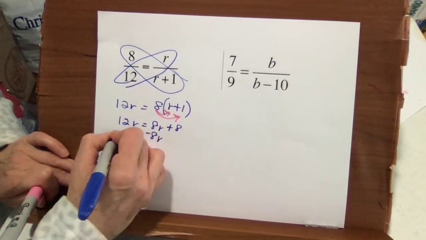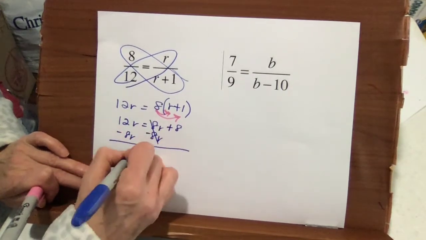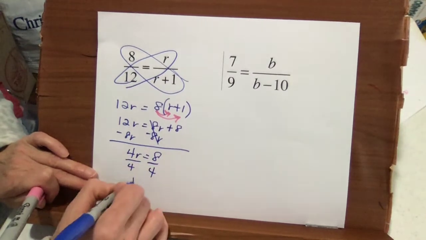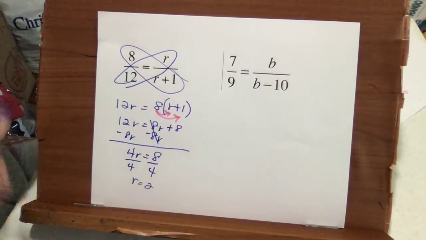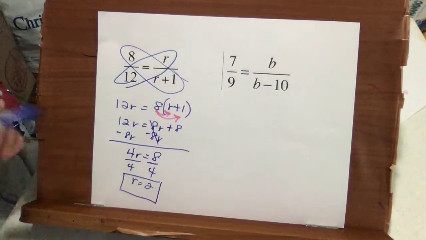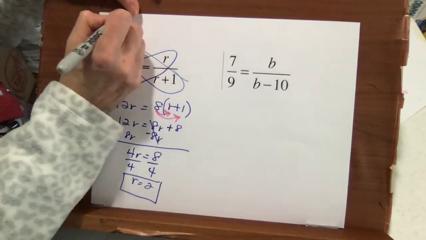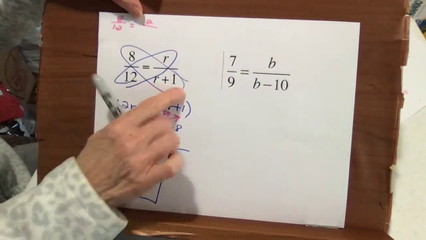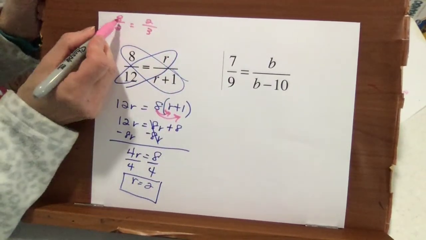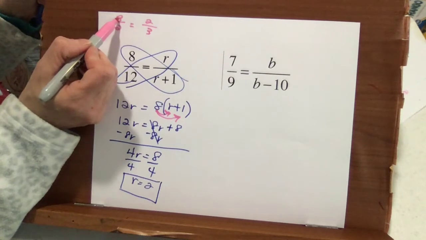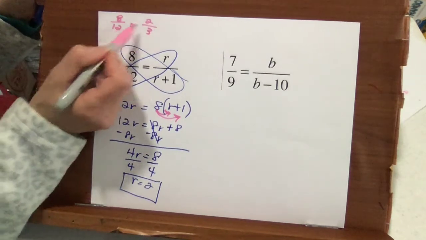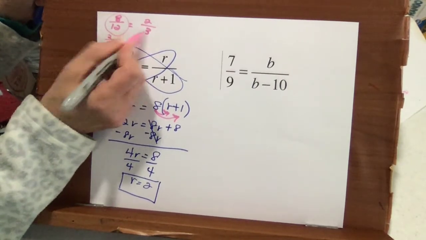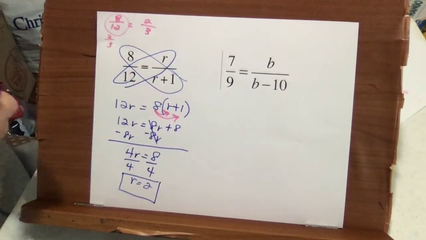We're going to subtract the 8r. 4r equals 8, divide by 4, and r equals 2. So r equals 2 is our answer. Now if you want to do a check, 8 over 12 equals r is 2, r plus 1 is 3, and you can crisscross this and cross multiply. 8 times 3 is 24, 12 times 2 is 24, or you can reduce this, which becomes 2/3, so they equal. So there's a number of ways you can check.